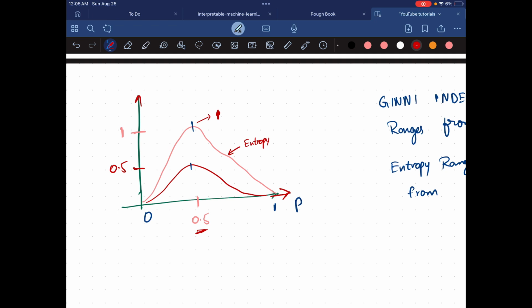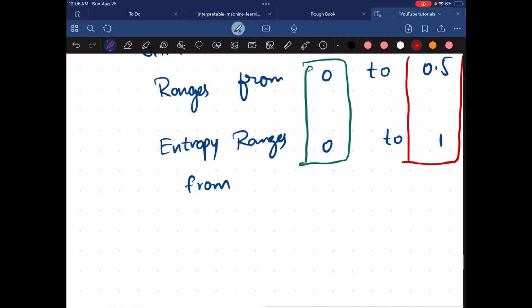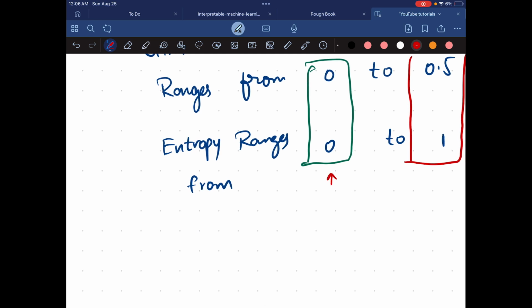If the probability of either of the classes is 1, then you get an entropy of 0. So entropy ranges from 0 to 1. If it is 0, it is said to be a pure split. If it is 1, it is said to be an impure split.